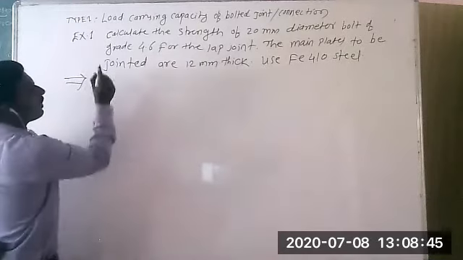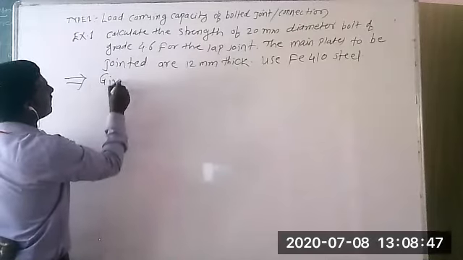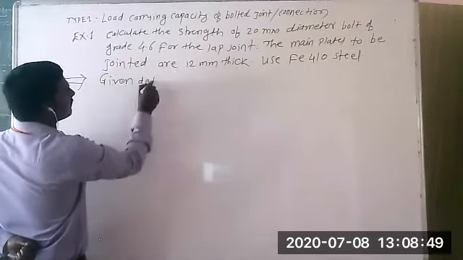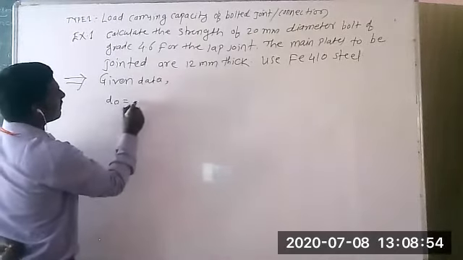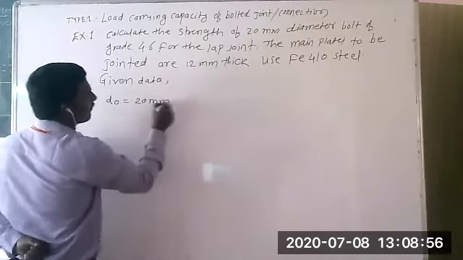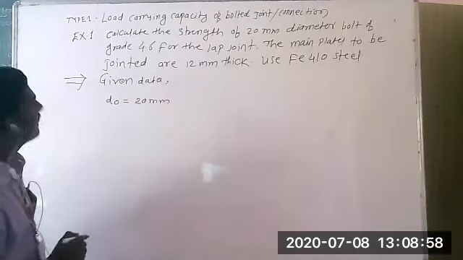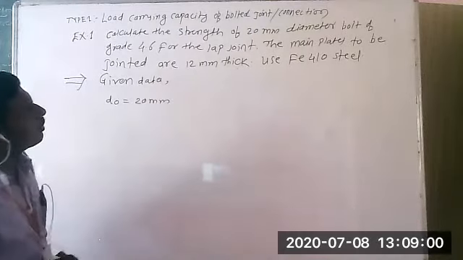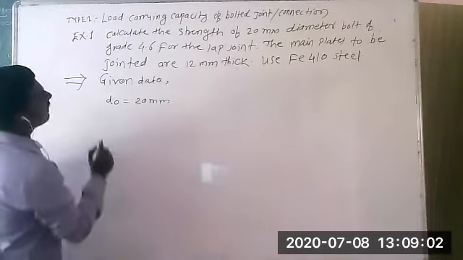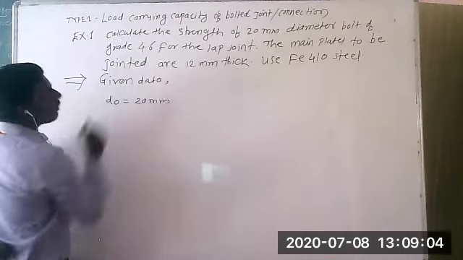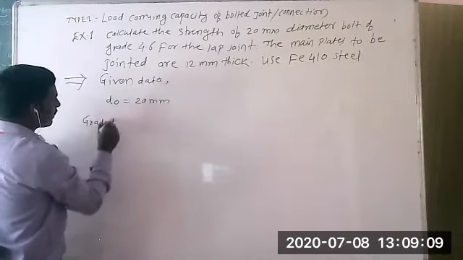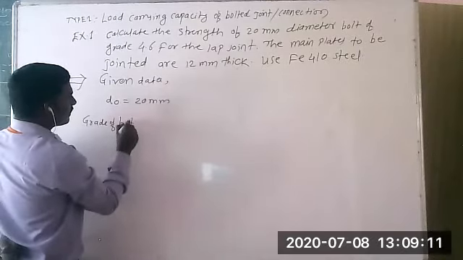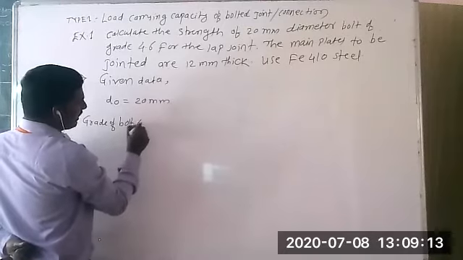Now, what is the given data? The diameter of bolt, D naught, is given as 20. Here the grade of bolt is given, 4.6.